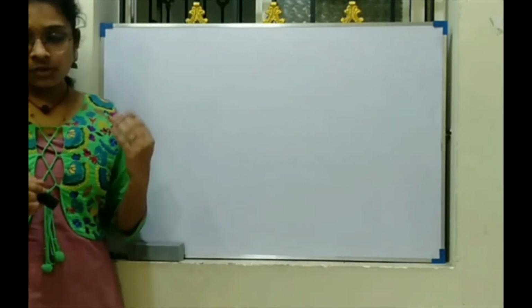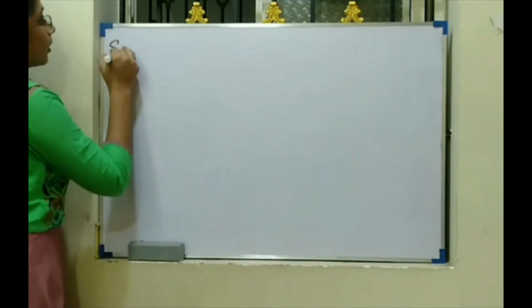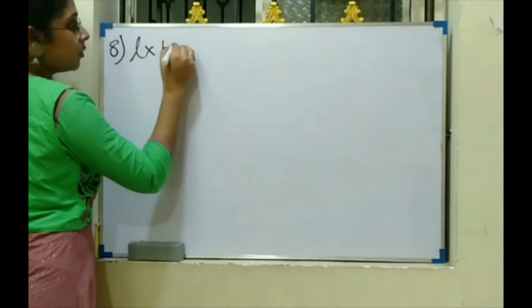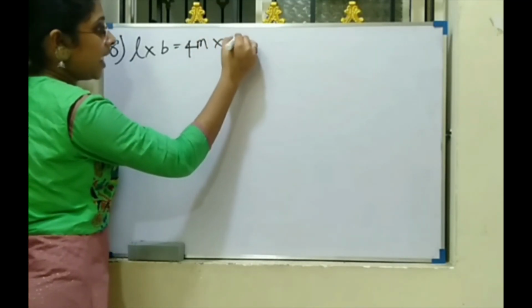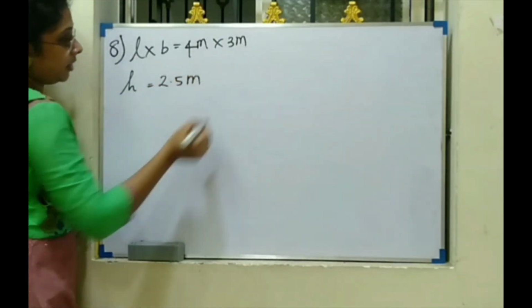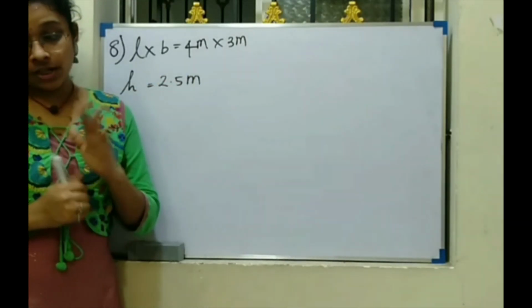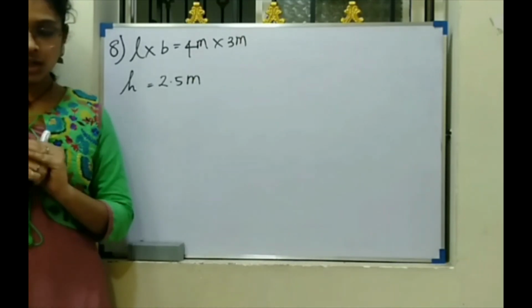So we know the dimensions for the base, that is length into breadth, right? So length into breadth is equal to 4 meter into 3 meter, and the height of the tarpaulin is equal to 2.5 meter. Parveen wanted to make a temporary car shelter by making a box-like structure with tarpaulin that covers all the 4 sides.